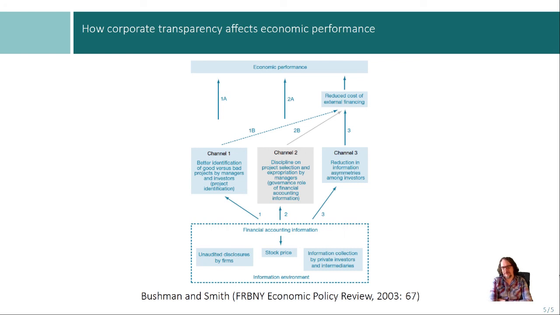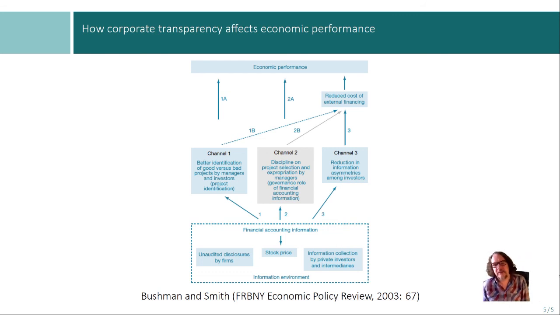It's a little bit older, like 2003, but I think it's still worth reading. You will find it on the net quickly. And what I like about this little survey is that it tries to structure a little bit the channels by which information can affect economic outcomes. Okay, and I like these three channels. So there are different ways on how you can classify this, but for me, I like this structure.